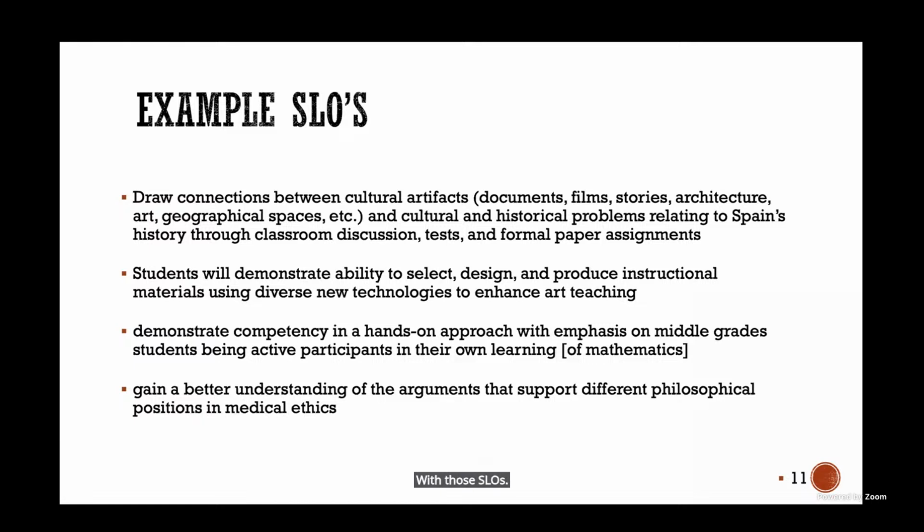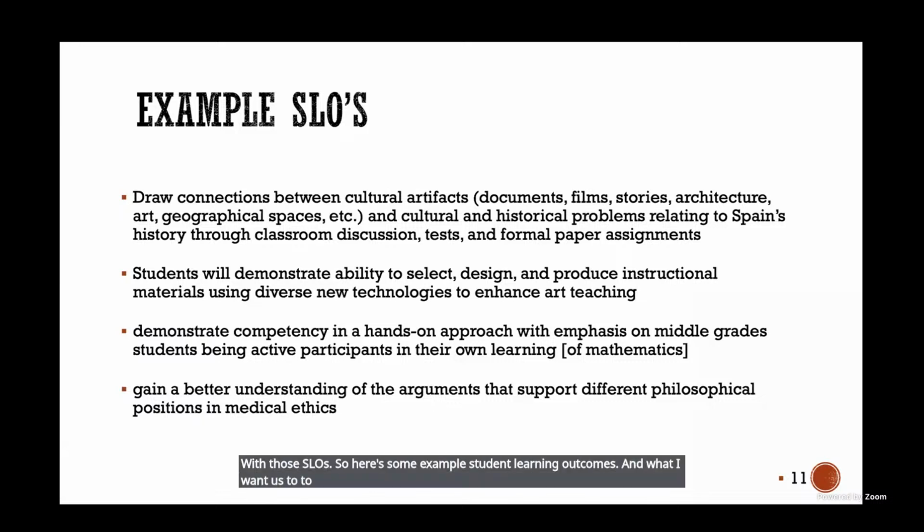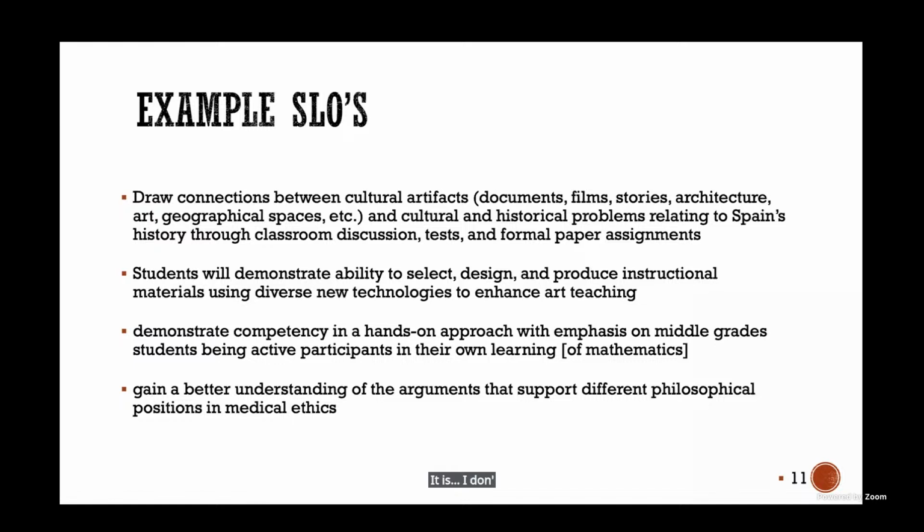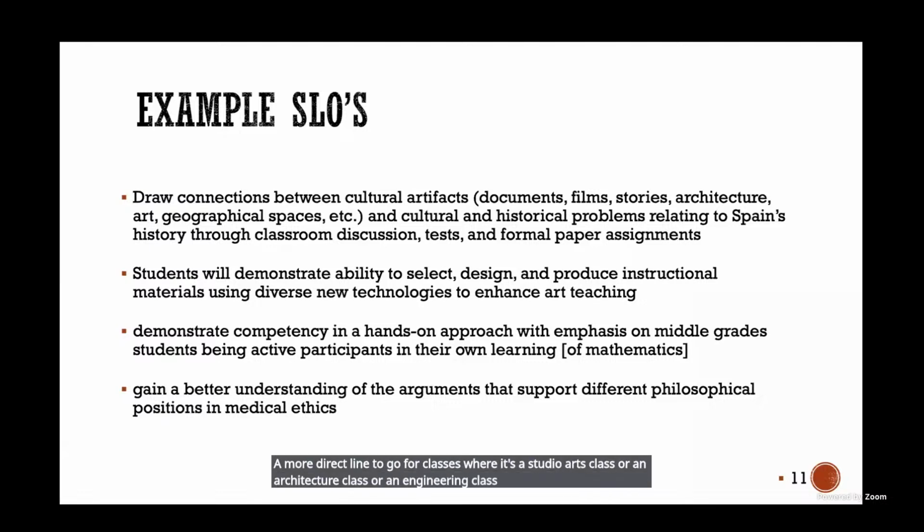So here are some example student learning outcomes, and what I want us to recognize is that none of these are in maker intrinsic disciplines. It is, I don't want to say the word easy, a more direct line to go for classes where it's a studio arts class or an architecture class or an engineering class, something that is maker intrinsic, where that discipline for decades or centuries has had their students get hands-on education.